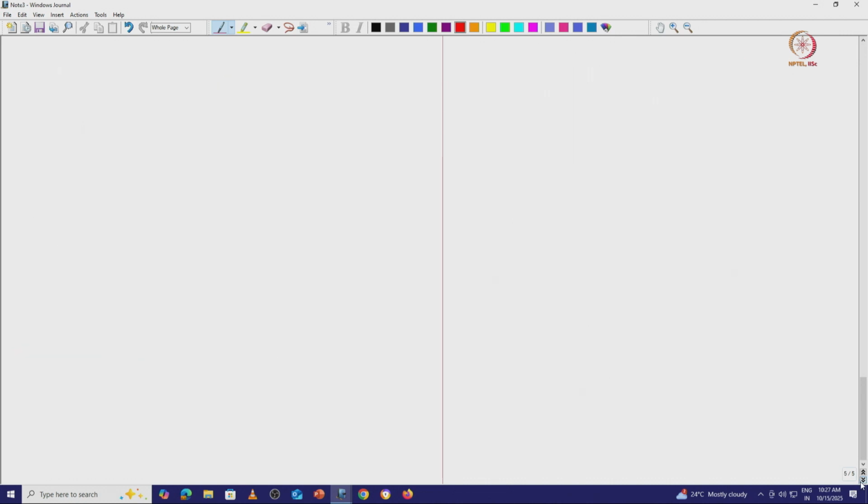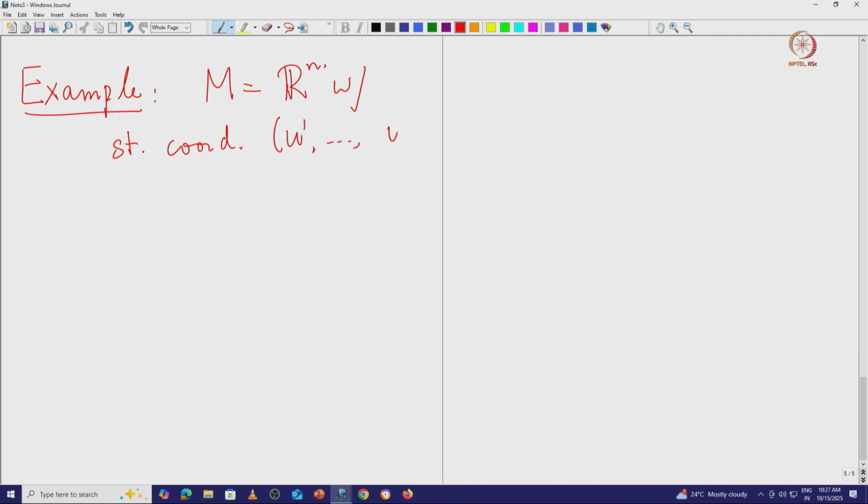Okay, so a basic example is of course what happens on Rn. So let M be equal to the Euclidean space with standard coordinates, let us say u1 up to un, and suppose x is given in components by xi del i, and y is given in components by yj del j.